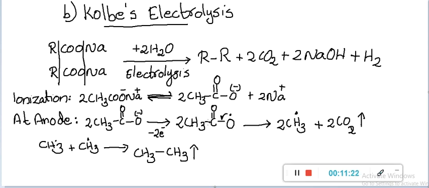From these two electrons, one electron shifts to this bond and one electron shifts to carbon. The resultant product is 2 moles of CH3 radical, and when one electron shifts to this bond and one electron shifts to this bond, that is again 2 electrons, which means another bond is present between C and oxygen.